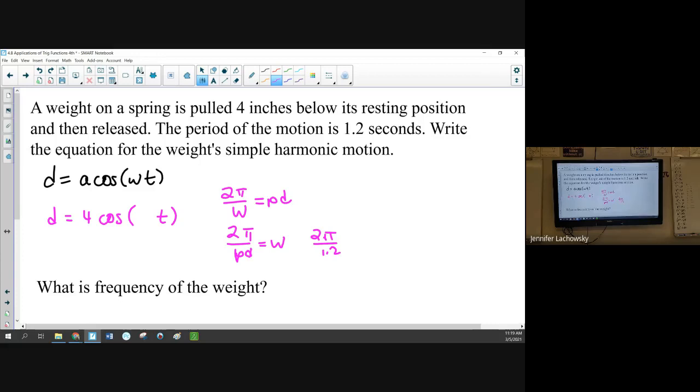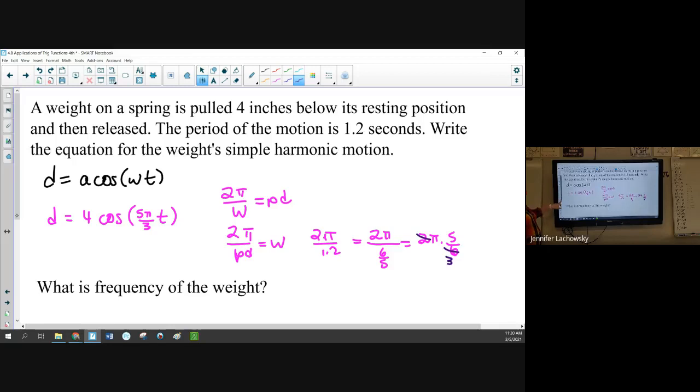Yeah, it'd be 5 pi over 3, but if we did the decimal equivalent, I feel like it's not as accurate, so we'll just do 5 pi over 3. However, the decimal wouldn't be wrong.